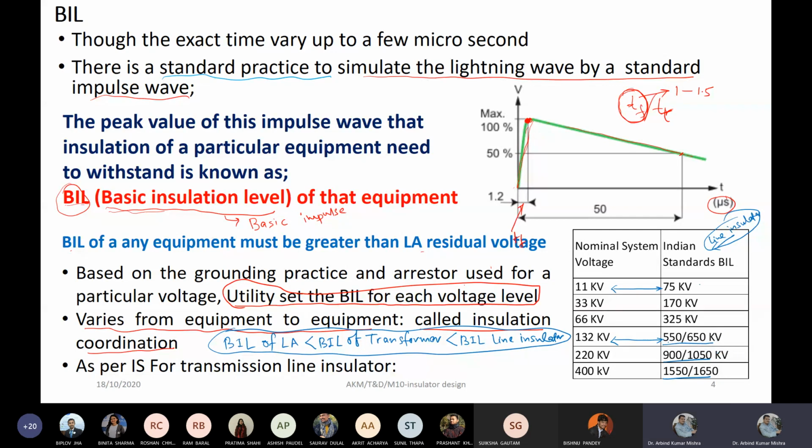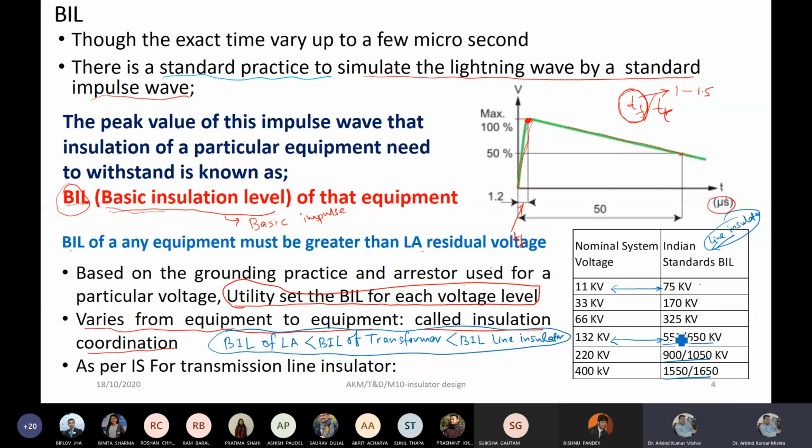But for you as a beginner, don't worry, you will be given only one voltage. We will provide that, because later on once you become professional engineers, you may get that the utility, and in fact a group of senior engineers, decide what should be the BIL for that particular line.